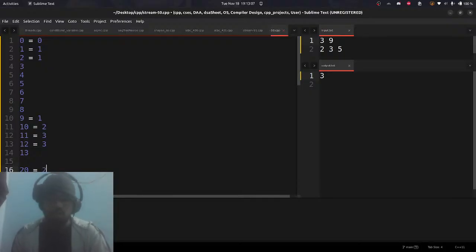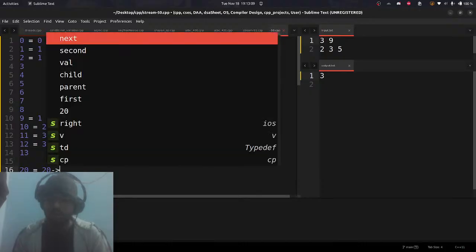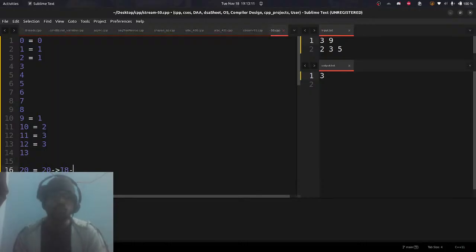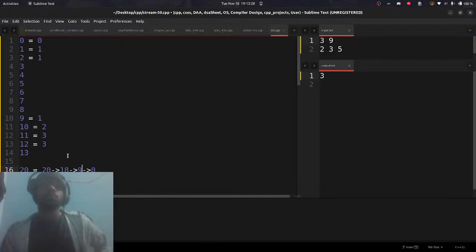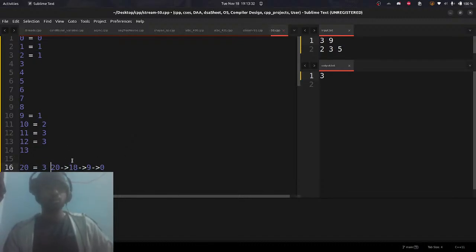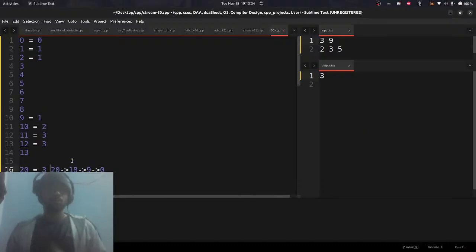Let's see, 20, then 18, then 9, and then 0. That's 3 steps. So for 20 it is 3. So yes.